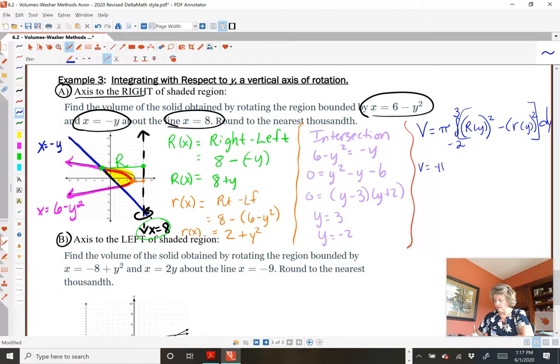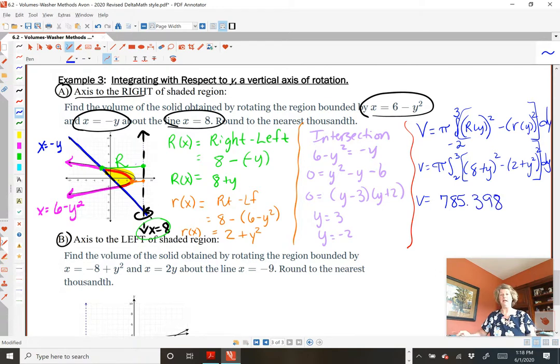So in terms of r's, I would have big R, 8 plus y squared, little r, 2 plus y squared, squared, dy. See if I can get those extra brackets in there. And another good candidate for a calculator, 785.398 cubic units. Not sure what these were measured in, but we know volume is units cubed.